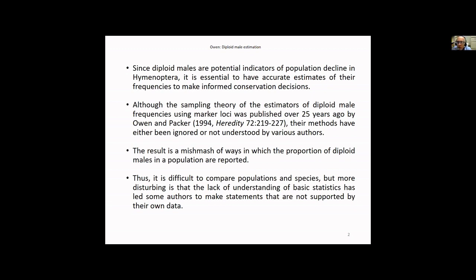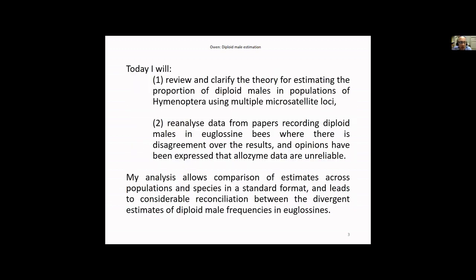However, this paper has often been not understood or ignored by various authors, and so there's a complete variation, a mishmash of ways in which the proportion of diploid males in a population are reported. So it's very difficult to compare populations and species, but also there's clearly a lack of basic understanding by some authors on how to do the estimation.